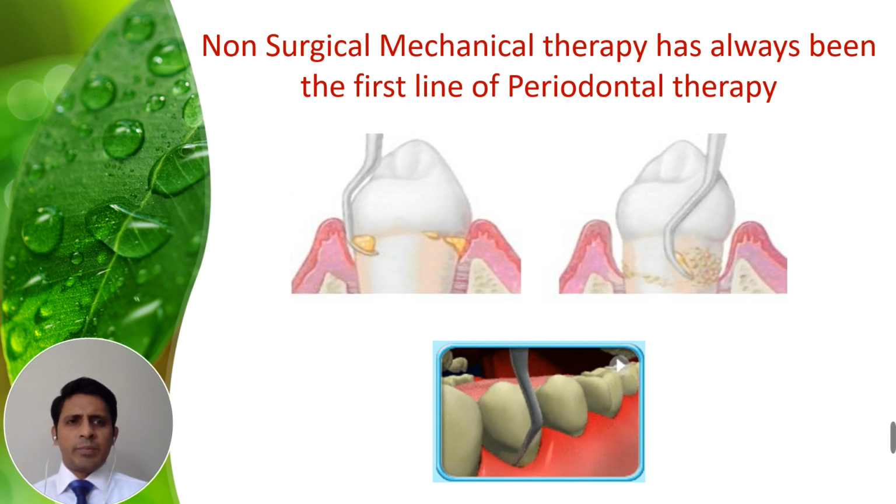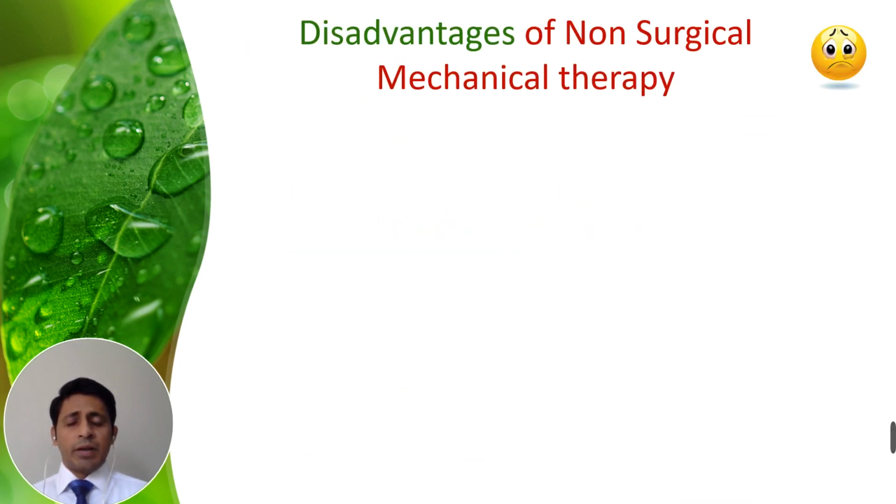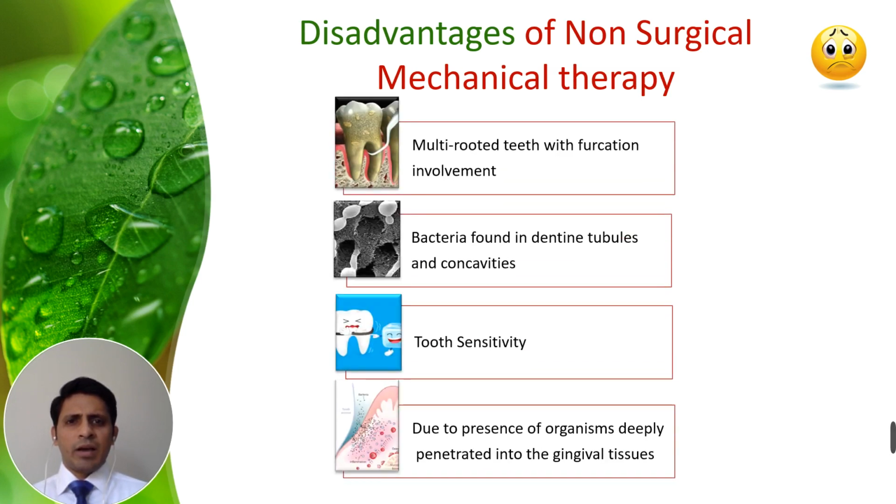Non-surgical mechanical therapy has always been the first line of periodontal therapy. But this non-surgical therapy has certain disadvantages. It is difficult to clean multi-rooted teeth, especially in the furcation areas.